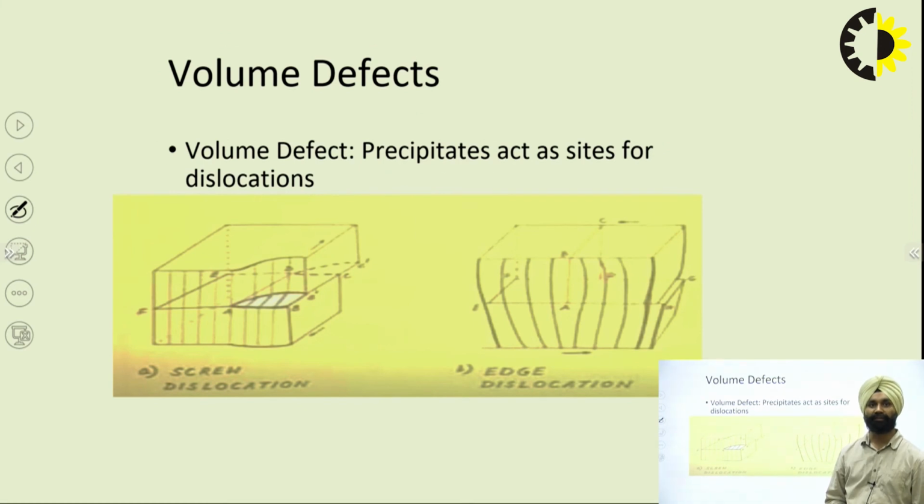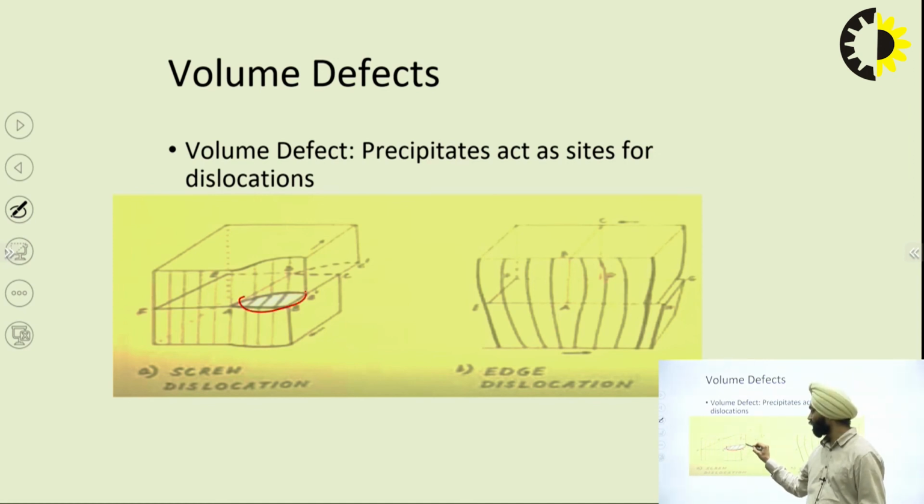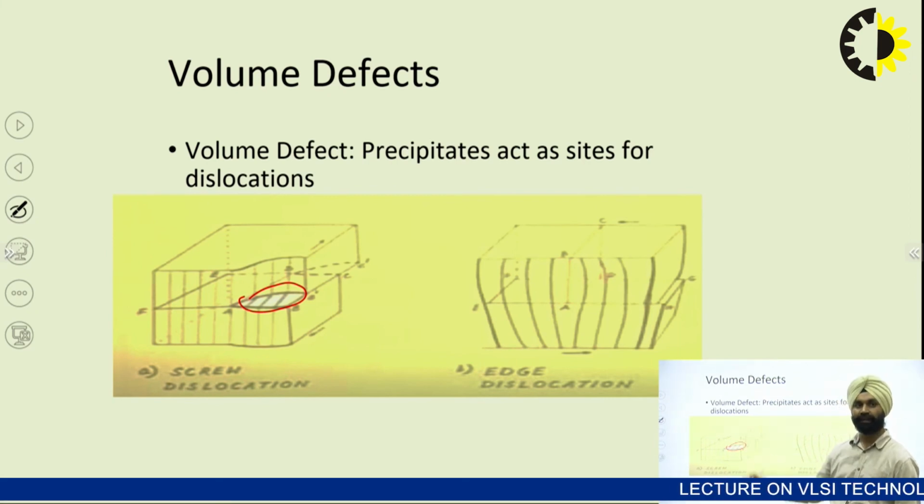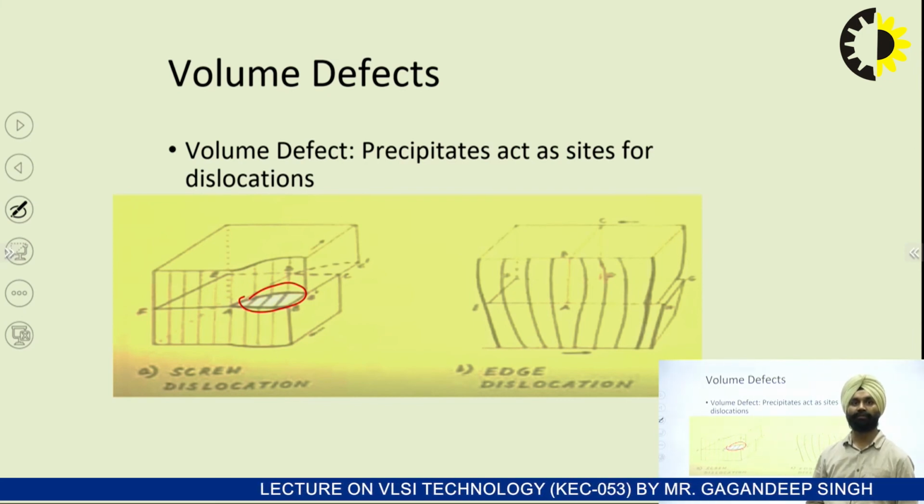Then there are the volume defects, which account for the dislocations. A volume defect can be visualized as a 3D defect which occurs in the volume. For example, when there is an extra edge present over here due to the dislocation of this material, then we have this volume defect.